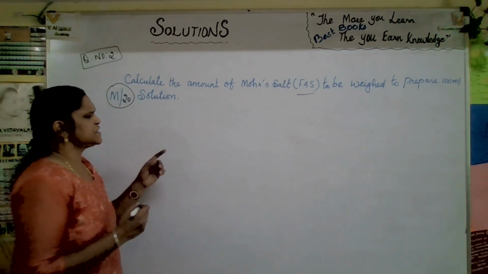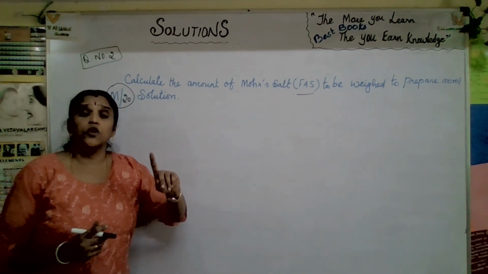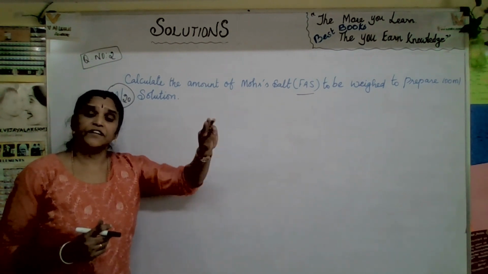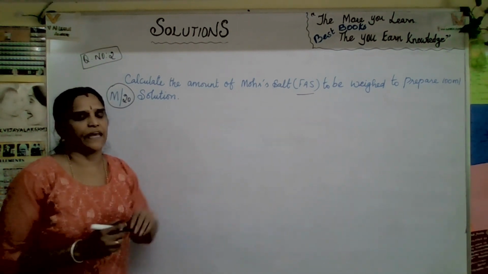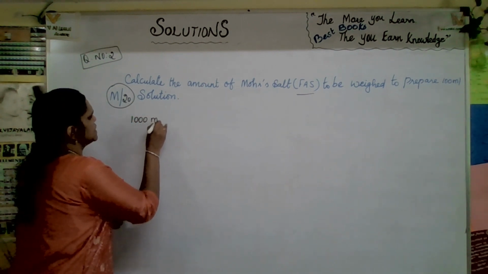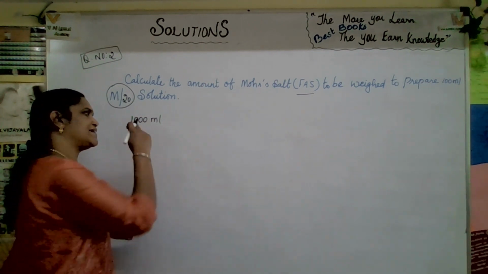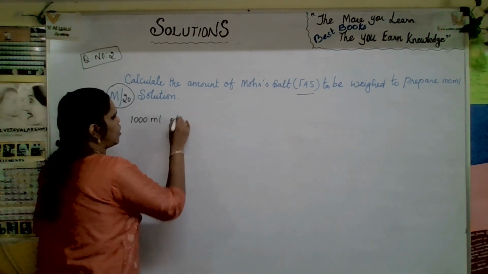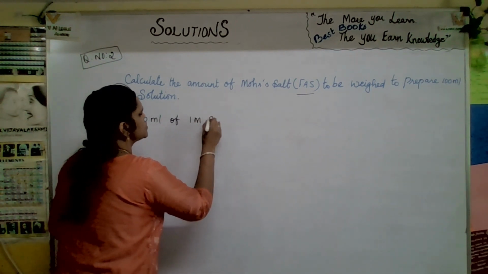First, let us go for 1 liter, after that 250, after that 100. Instead of 1 liter, let us go for the ml way, that is 1000 ml of 1 M solution.